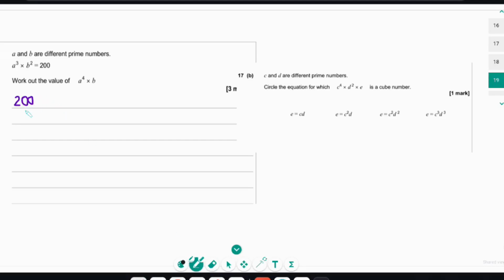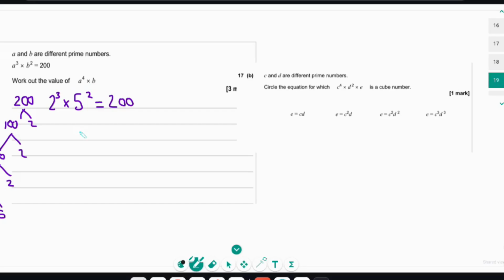So we worked out 200 as a product of prime factors. We can see it is 5 squared times 2 cubed.